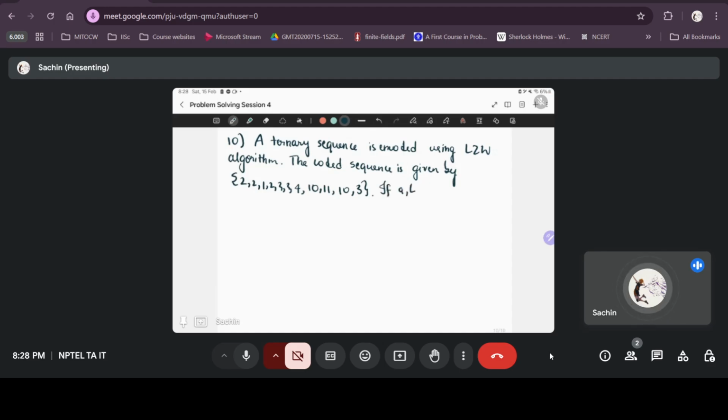If A, B, and C are the first three entries in the dictionary, what is the decoded sequence?